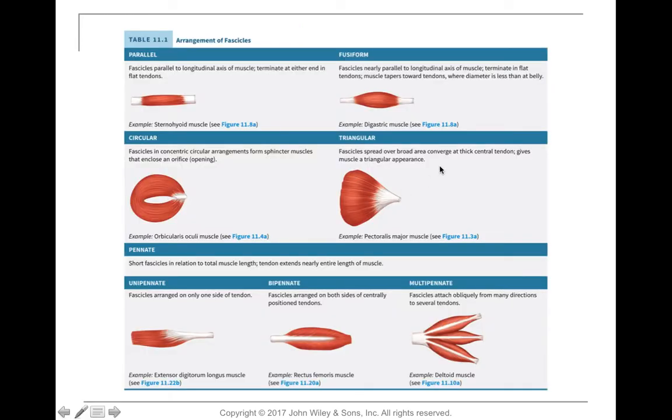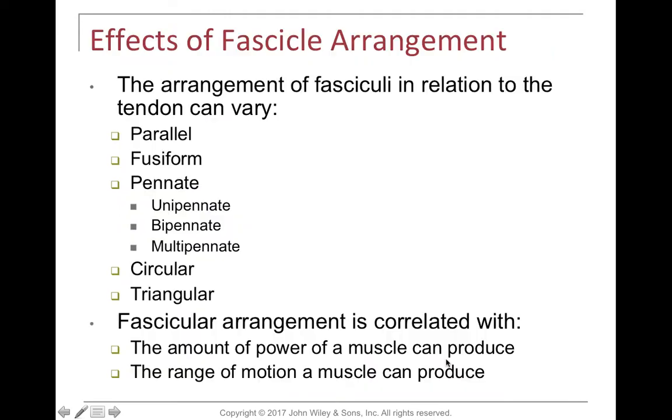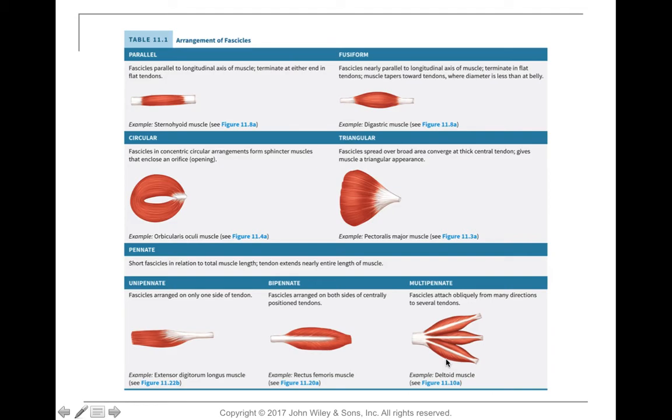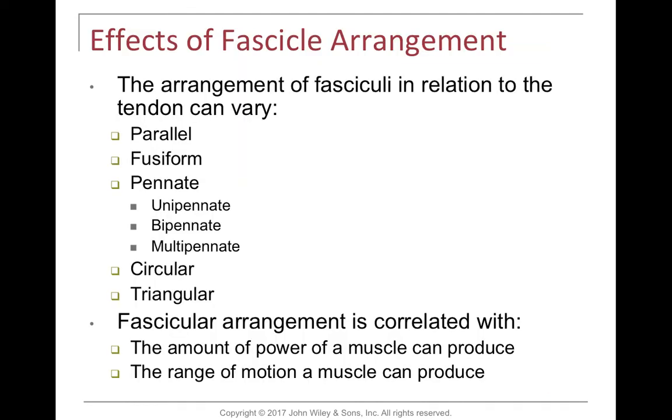So here we're showing the arrangement: parallel, fusiform, circular, triangular, and then in pinnate we have a unipinnate, bipinnate, multipinnate, but these will all allow for different amounts of power and different ranges of motion.